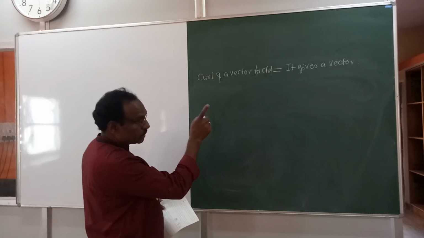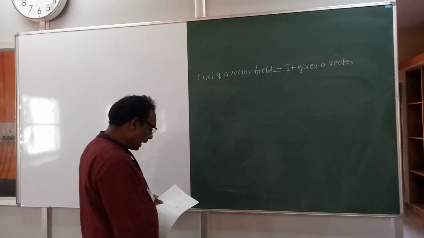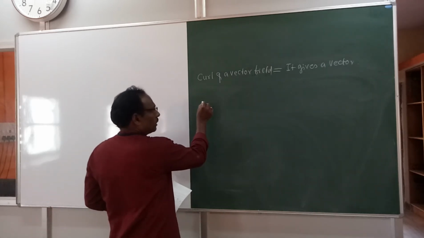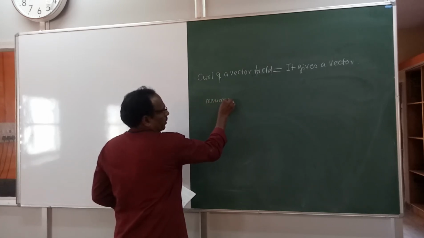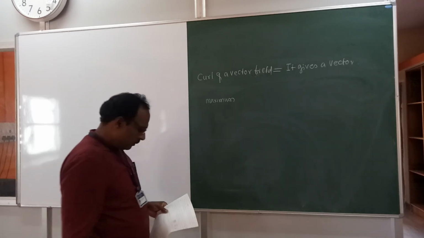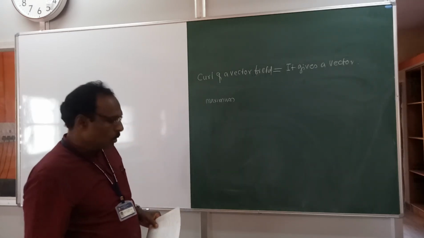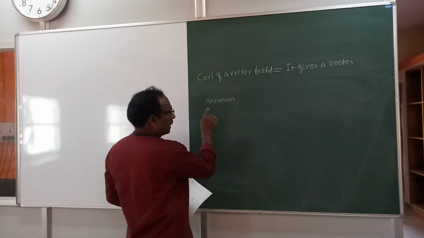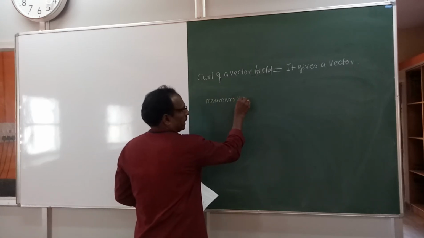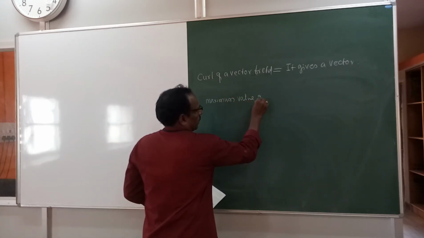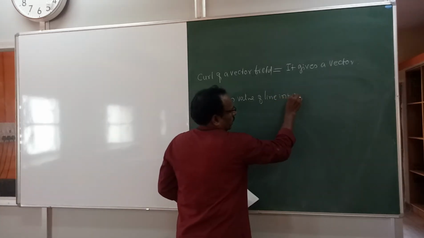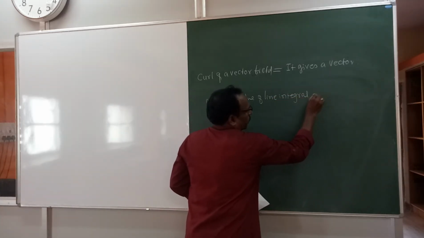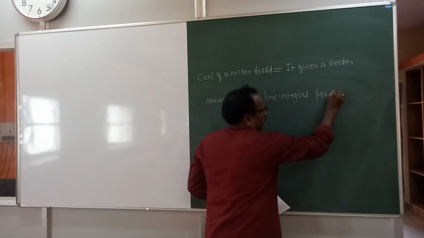Curl of a vector is a vector quantity whose magnitude is equal to the maximum value of a line integral per unit area.